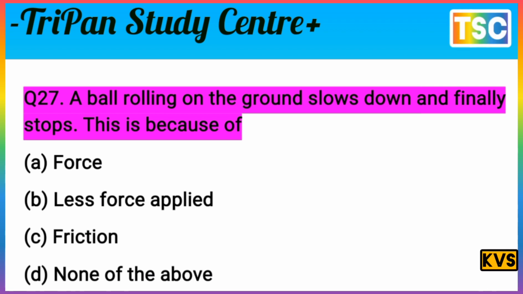The question is clear and direct. First of all, choose the correct answer and write it in your notebook. Let's check the correct answer. A ball rolling on the ground slows down and finally stops. Why does the ball stop? There is a force.